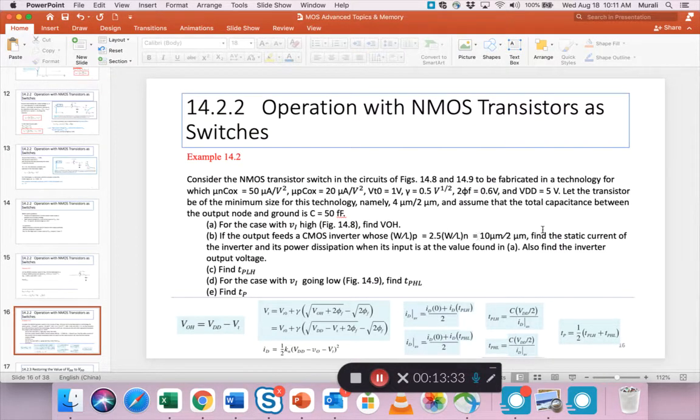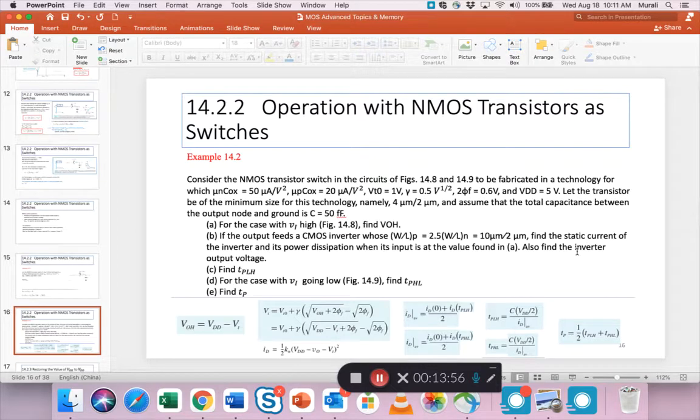In that inverter, he wants us to find the static current and its power dissipation when its input is as found here. So VOH is found. If that VOH is the input to this inverter, then what is the static current of the inverter and its power consumption?